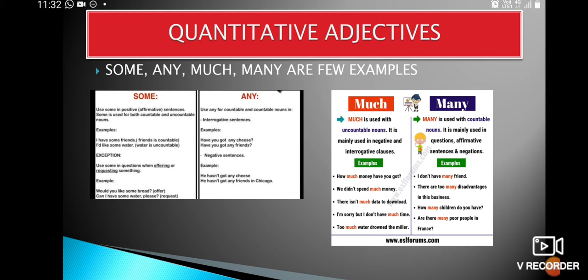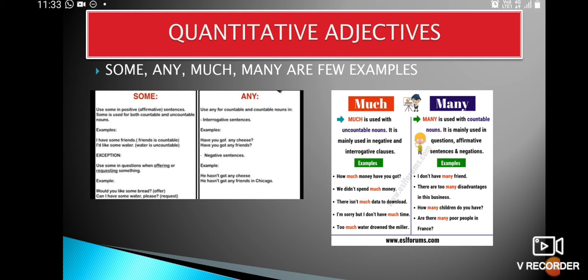Now we come to quantitative adjectives: some, any, much, many. These are a few examples of quantitative adjectives. Now, some and any.